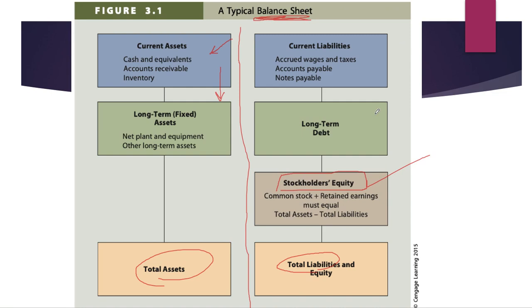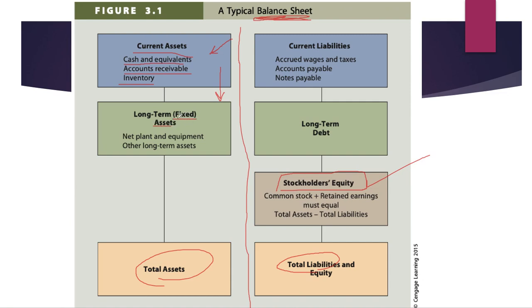Okay, and within the assets we have so-called current assets that are very liquid, more liquid assets, including the first item. The most liquid is the cash, of course, and equivalent to cash items. And then we have accounts receivable as a second liquid asset. And then we continue with inventory, and we have more longer term fixed assets.